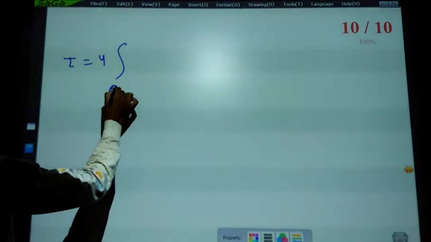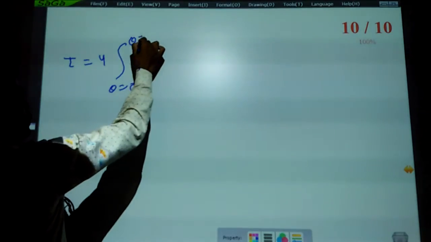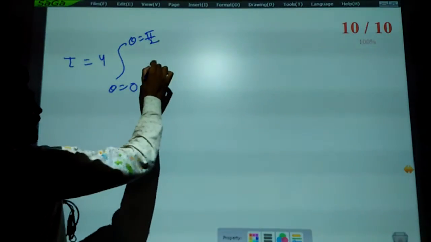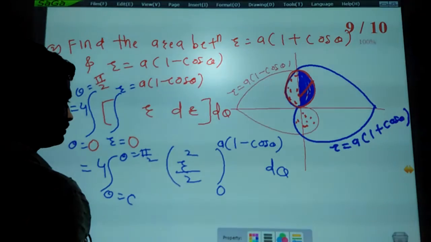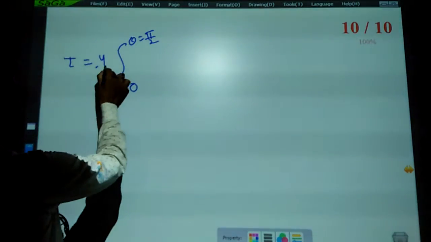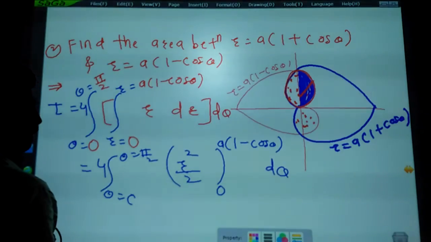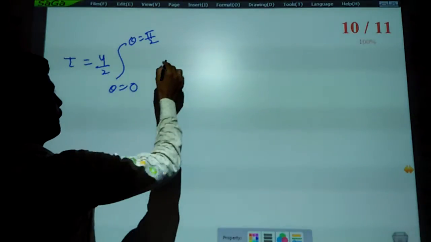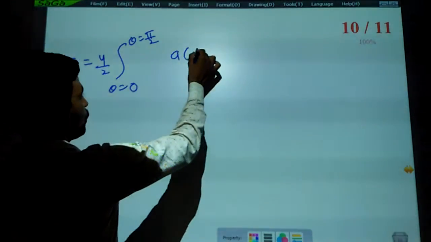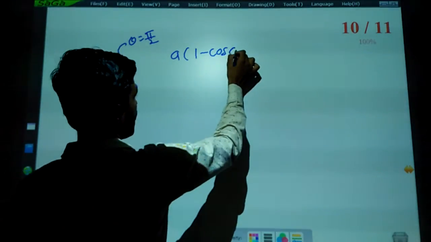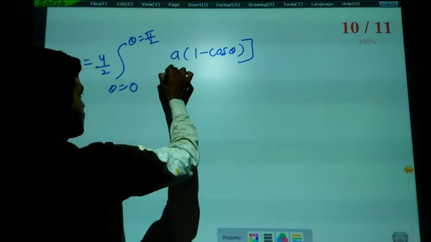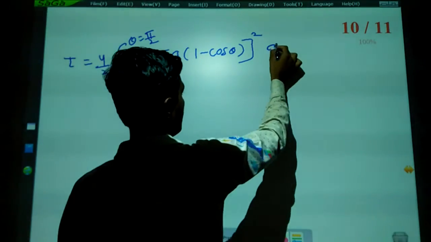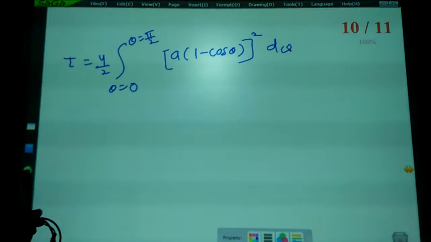So I is equal to 4 into integration from theta equal to 0 to pi by 2, this 1 by 2 is outside, a into 1 minus cos theta whole square, lower limit 0, d theta.